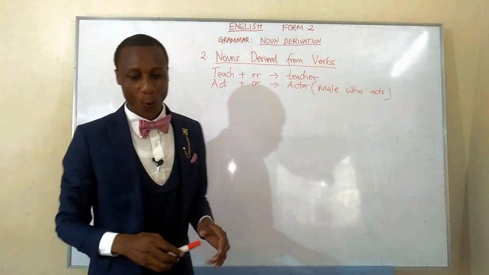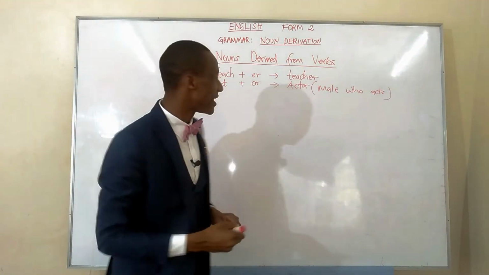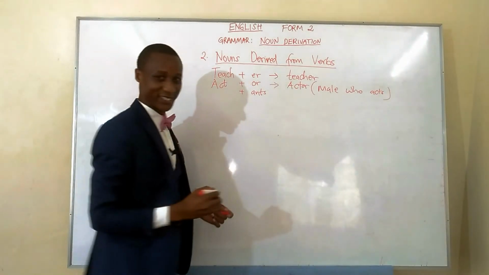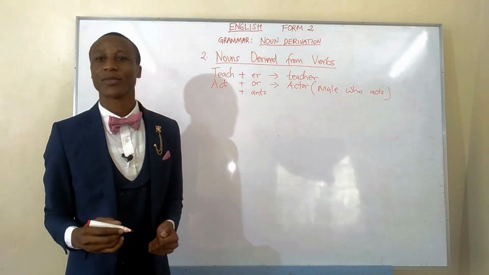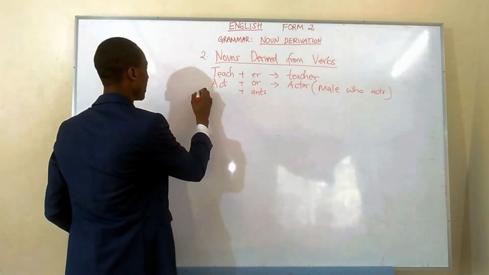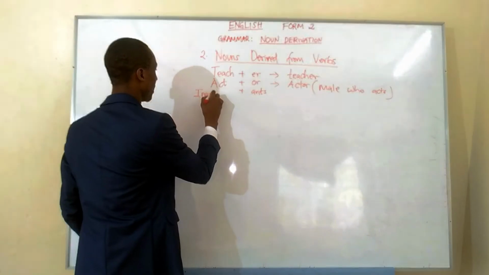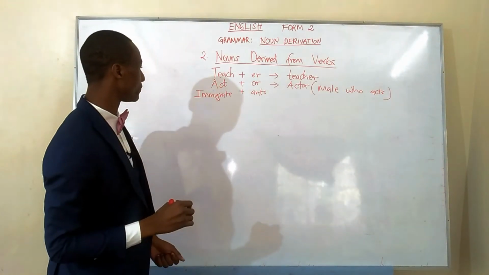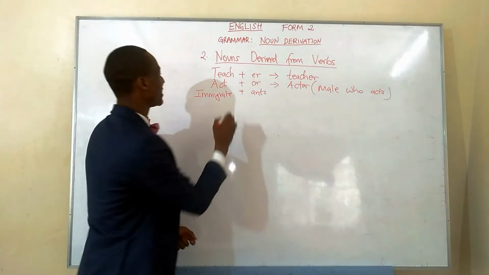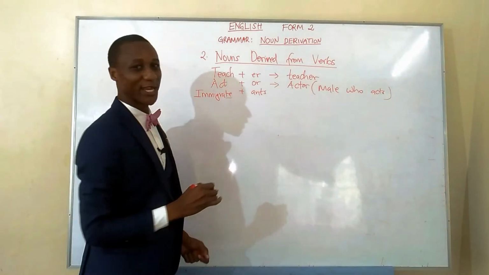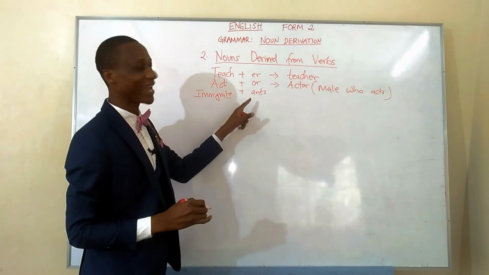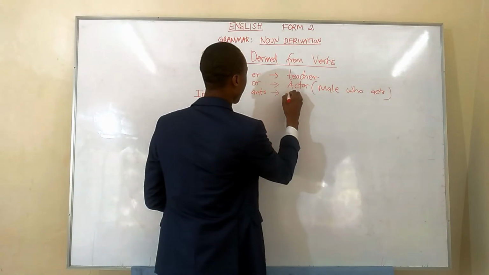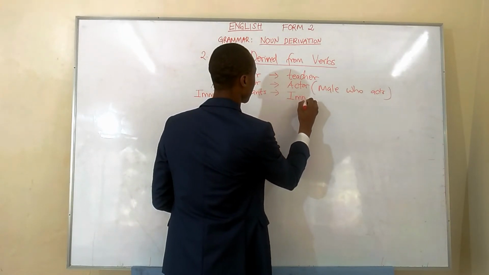Good. When you add the suffix ant to the verb immigrate, you drop the te, then you add the suffix ant, forming a noun, immigrant.